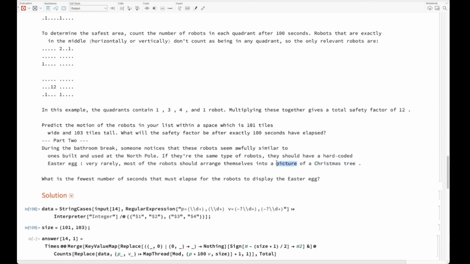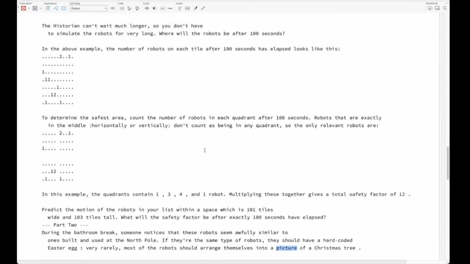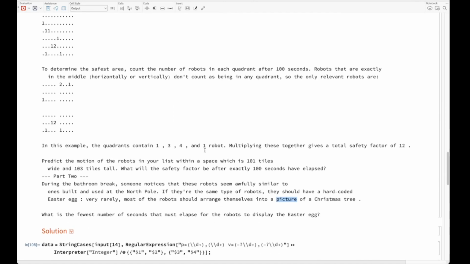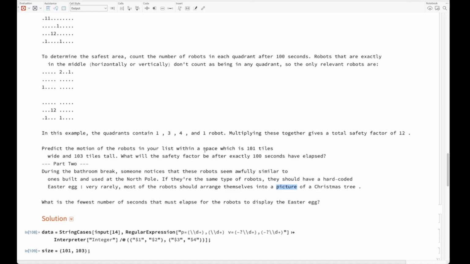So it asks you how many steps robots are required to make in order for them to be arranged in a Christmas tree. So you kind of given that there is some Easter egg, so that if you move the robots by some fixed amount of times, they're gonna be arranged in some nice pattern that looks like a Christmas tree, right?